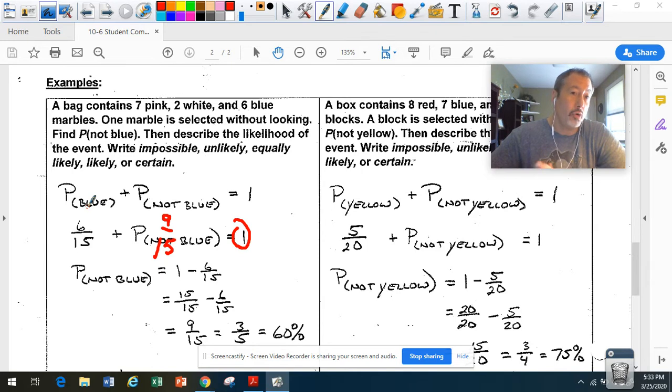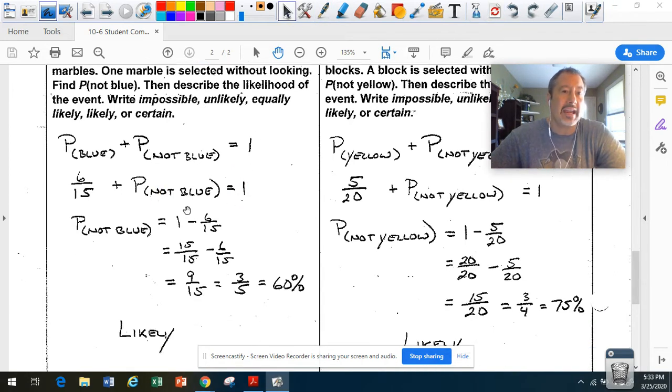This is blue. This is our complement, which is not blue. That should equal 1, which is 100%. So if we want to figure out what not blue is going to be, could we just do the 7 plus 2 equals our 9 over 15 and go from there? Yes, but they want us to use the complement.